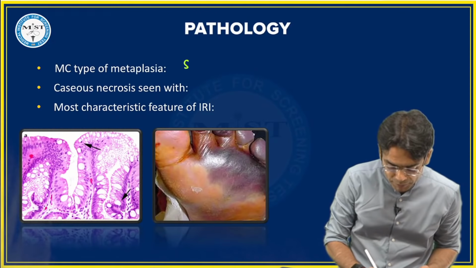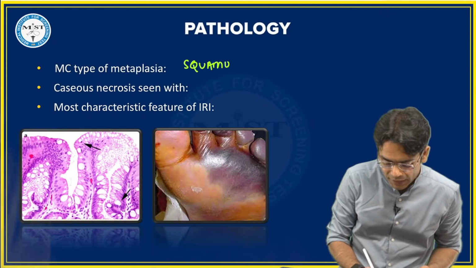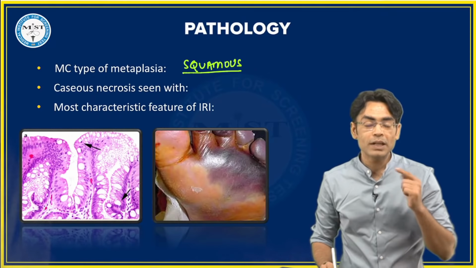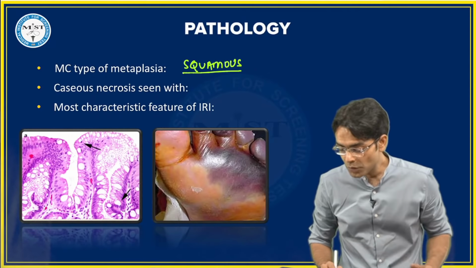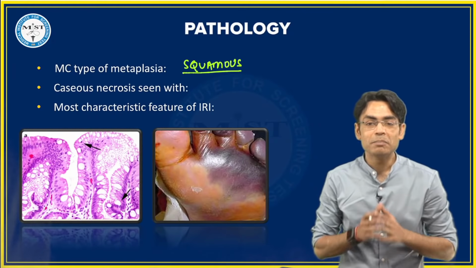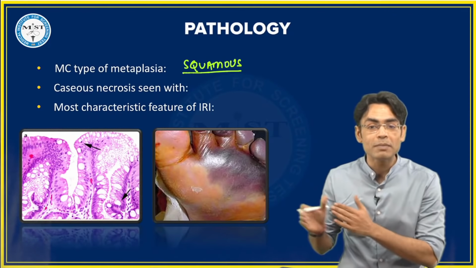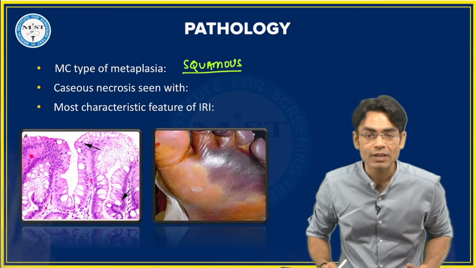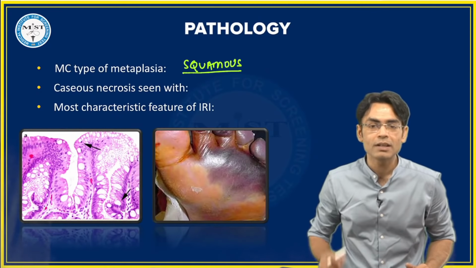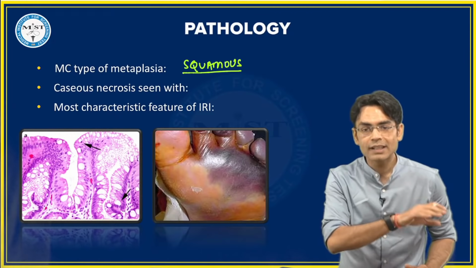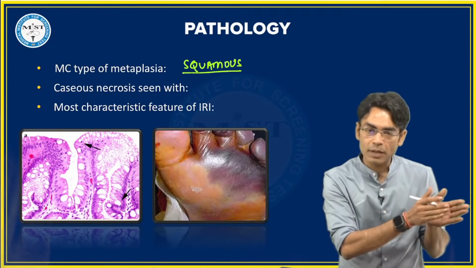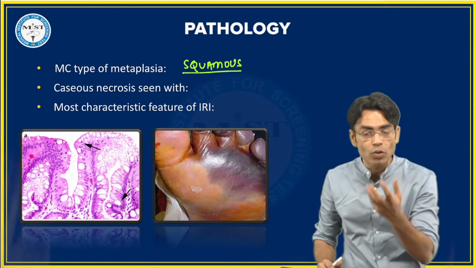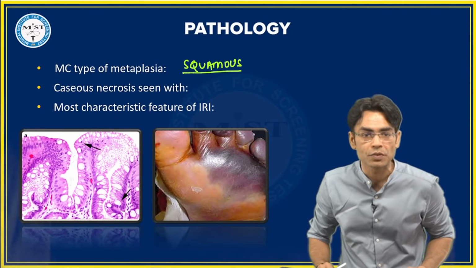The most common type of metaplasia which we have is squamous metaplasia, no doubt about it. But some of you have written Barrett's. Barrett's is a type of columnar metaplasia. But the most common type is squamous metaplasia, when other kinds of adult cells finally convert into a squamous cell.